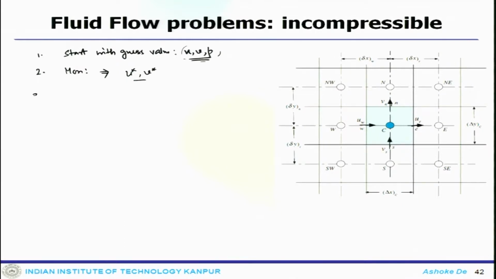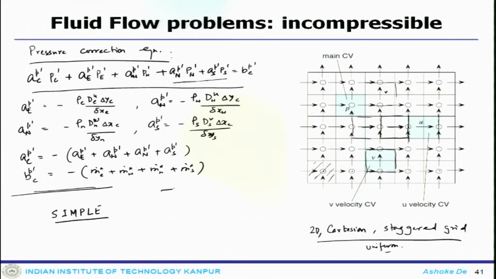Once you get that, you check the continuity for mass conservation, and if it is not satisfied, you end up getting the pressure correction equation. So, you solve for the pressure correction equation, and that is what exactly we have obtained here.